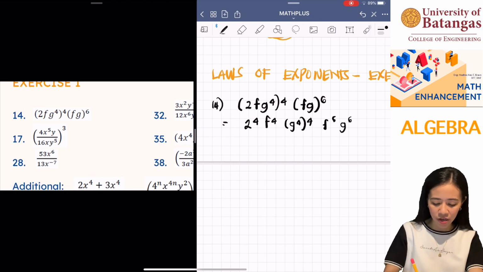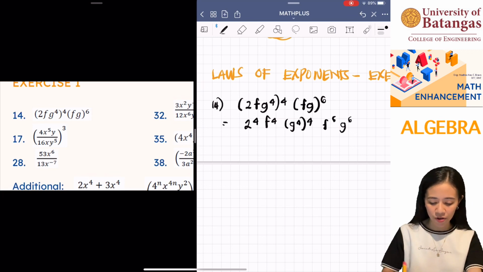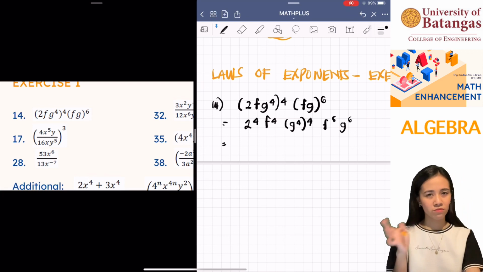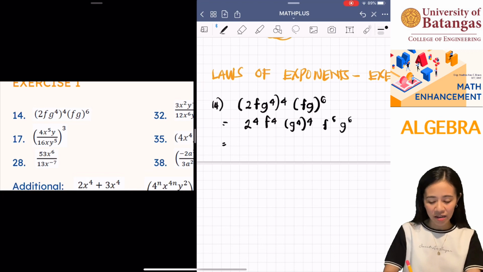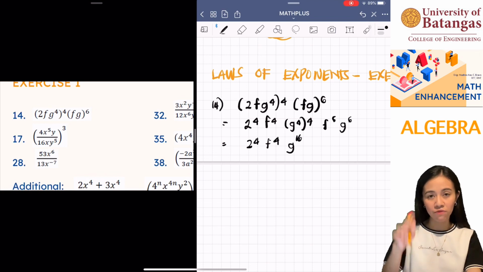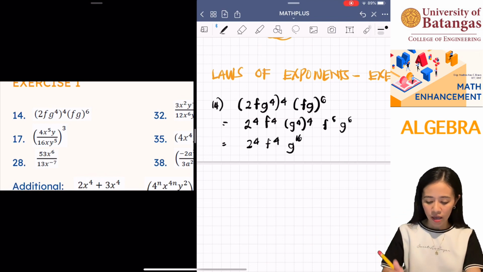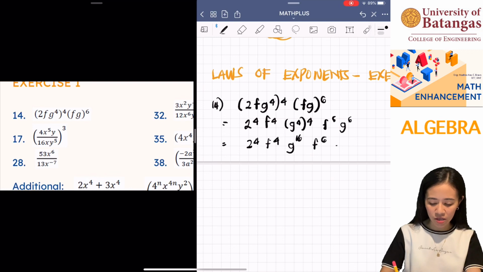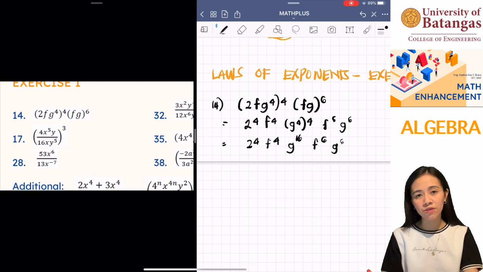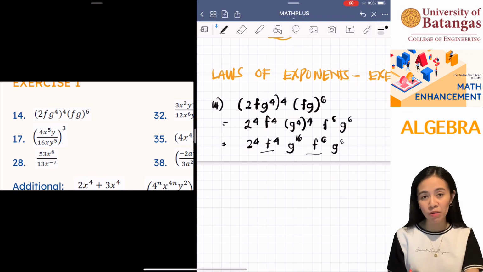And then simplifying the ones in the parentheses first, diba? Grouping symbol guideline natin. So, you have 2 raised to 4, f raised to 4, and then g raised to 16. You have to multiply 4 times 4. And then you have f raised to 6, and then g raised to 6. But since there are terms here that are similar in bases, pwede pa rin natin silang isimplify, diba?